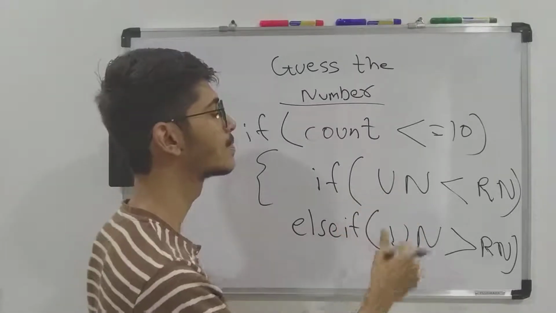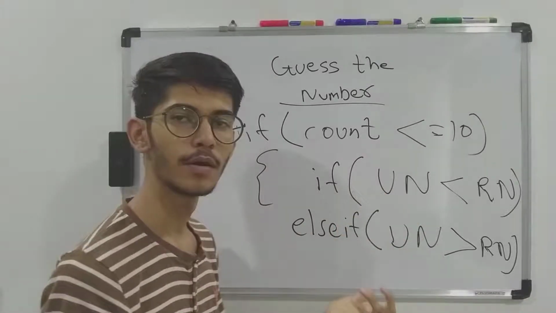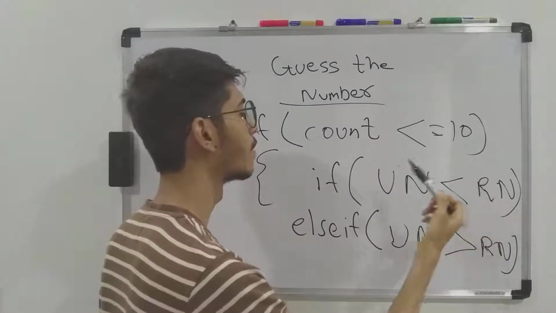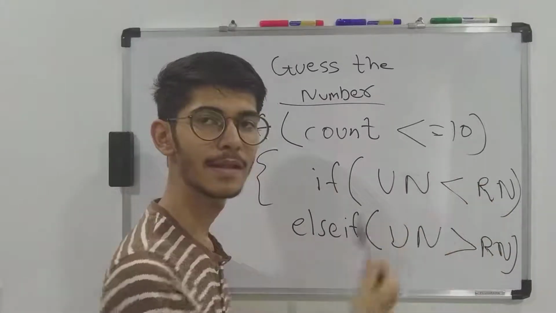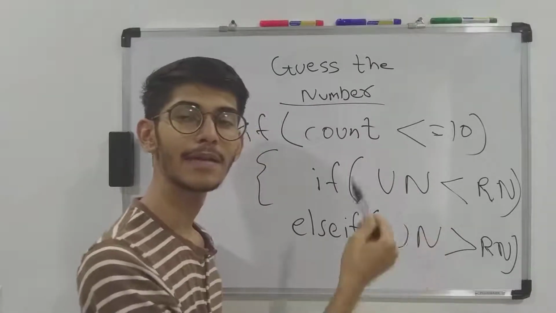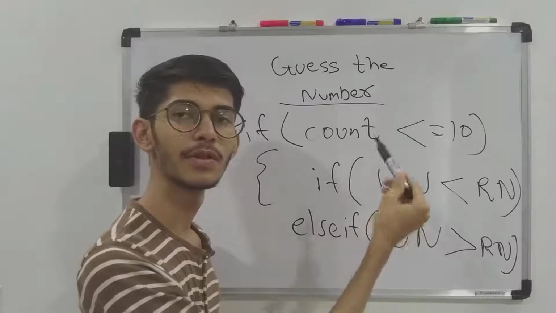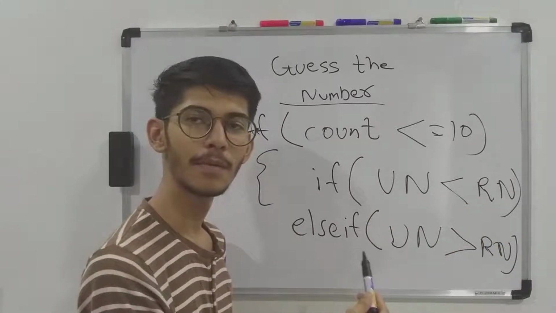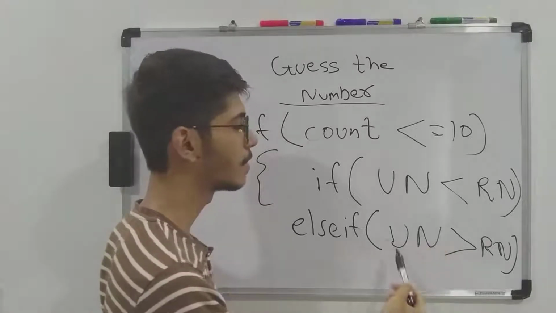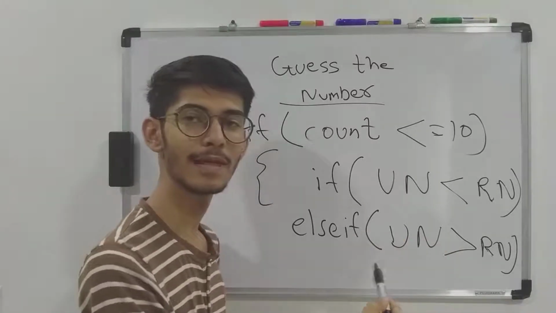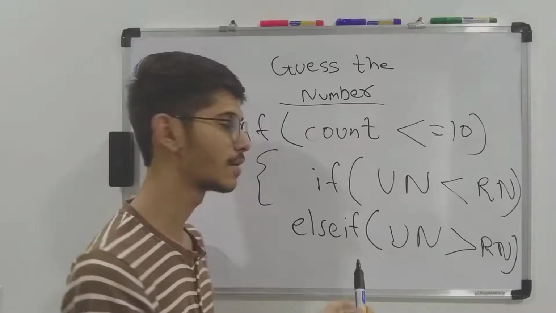In the first block, if the user entered number is less than the random number, then we are going to write a message that the user entered guess is less than the number that is generated, and here we are going to display a message that the user entered number is greater than the random number that is generated.